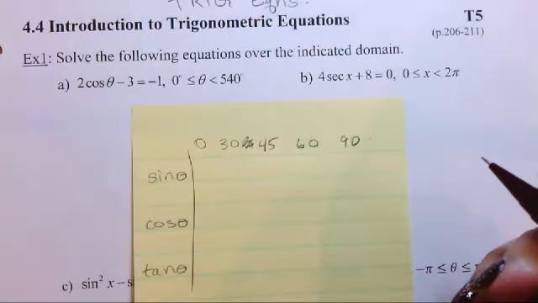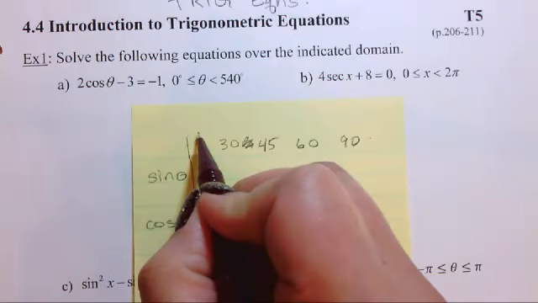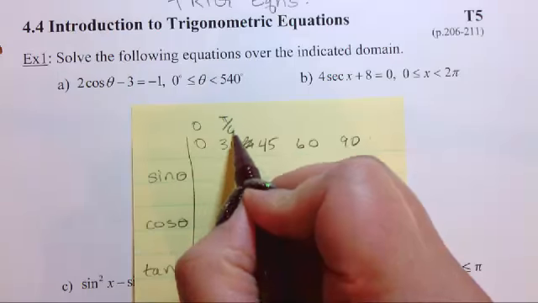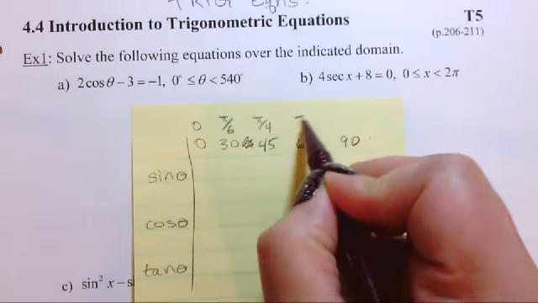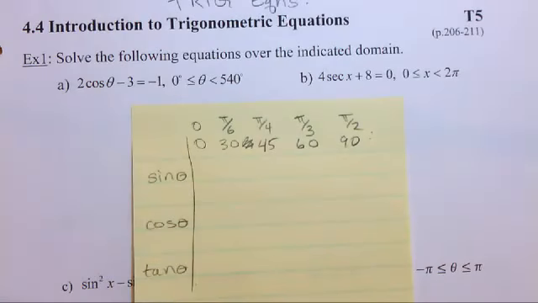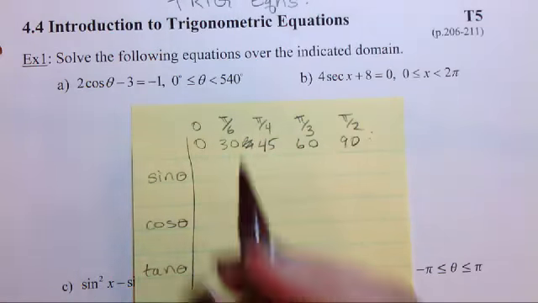And this is going to be the first quadrant of my unit circle. And here in radians, this is going to be 0. Then I have pi by 6, pi by 4, pi by 3, and pi by 2. So it's exactly the same chart that you did if you were in my class in grade 11. But now we just add in the pi values, the radians above here.